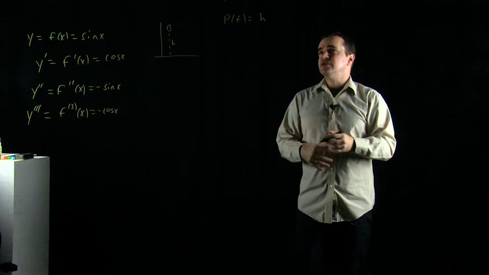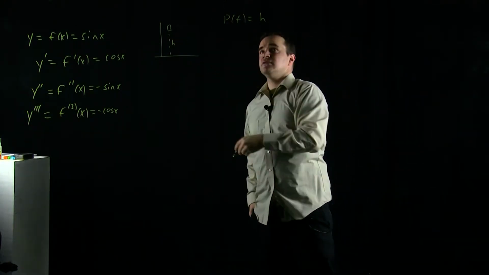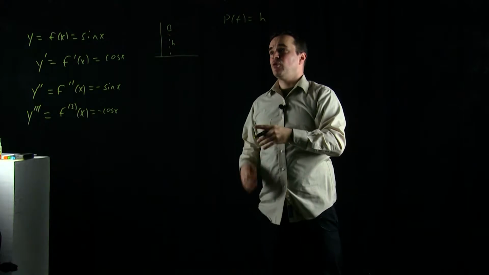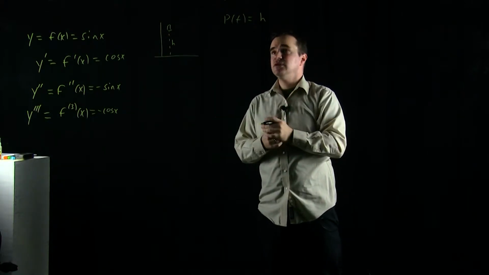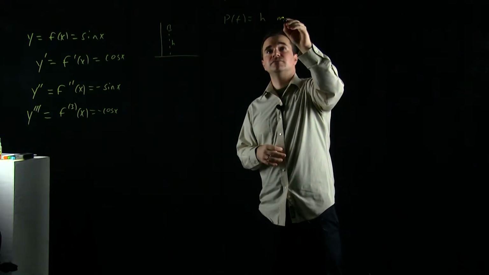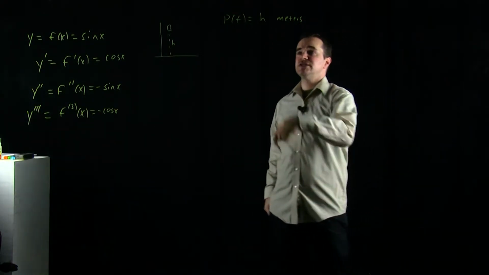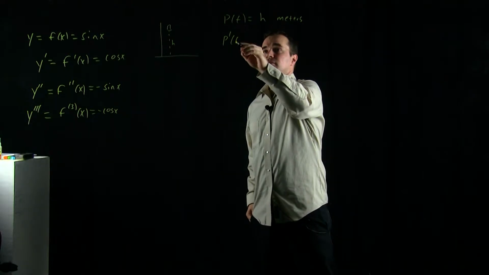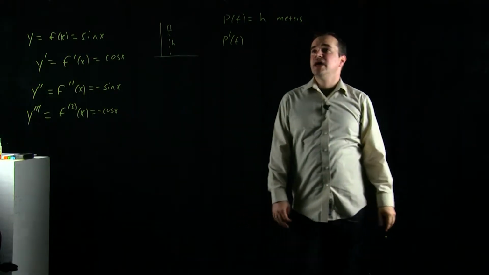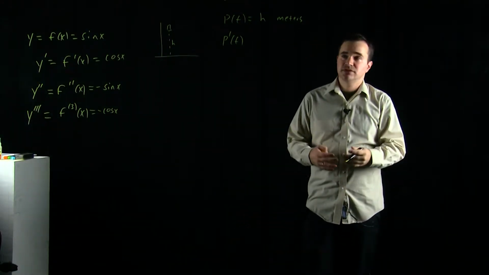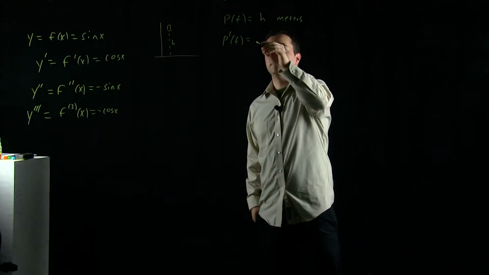This has units, and they're units of distance. You could choose whatever unit you want. You might use meters. When you take that derivative, this has a physical relevance. It's what we call the velocity.